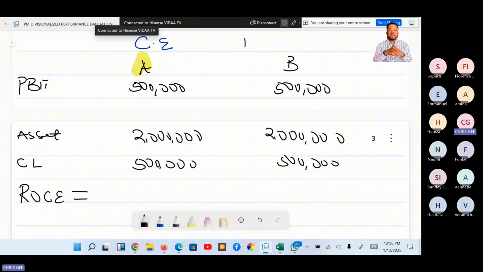Calculators not working. Madam, figure. 130. What did you get? 33%.